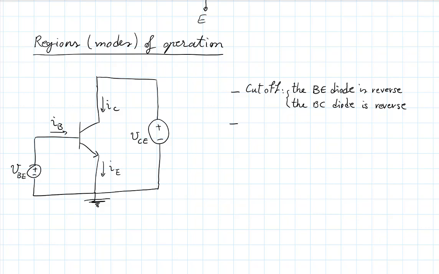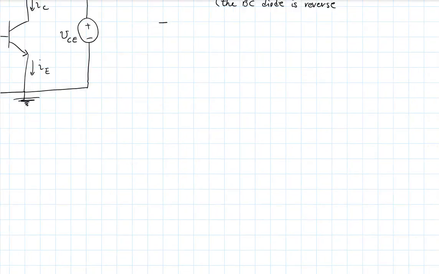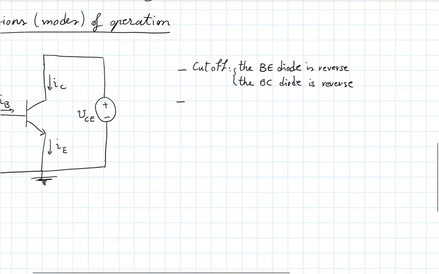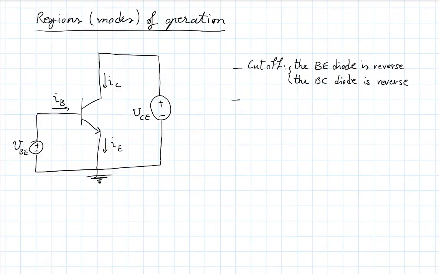And similarly, the voltage between base and collector is also such that that diode is also reverse. What happens is when you keep increasing VBE, when this diode turns on, when VBE reaches around 0.7 volts, you start the active mode. So you enter the active mode.